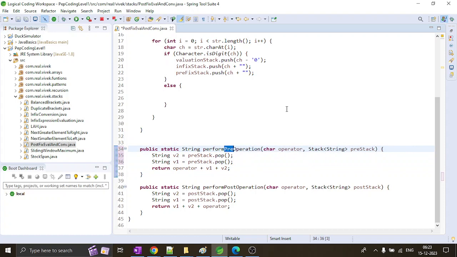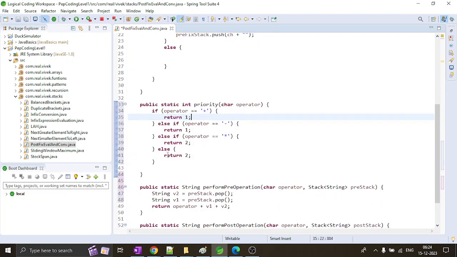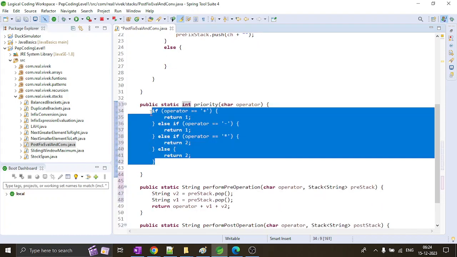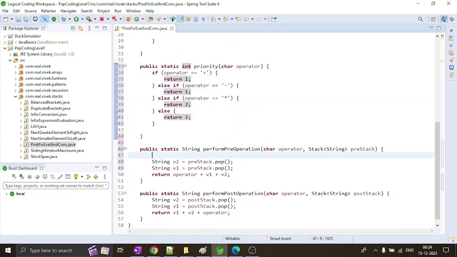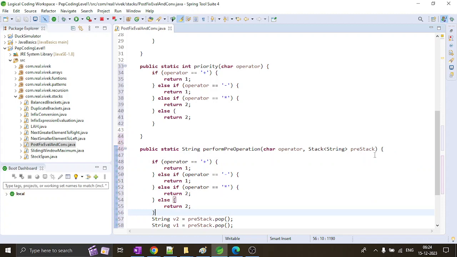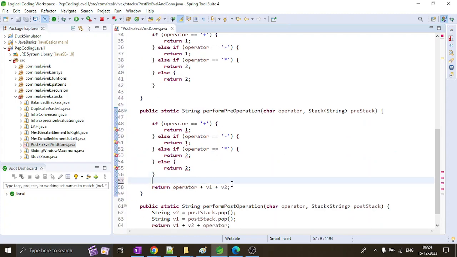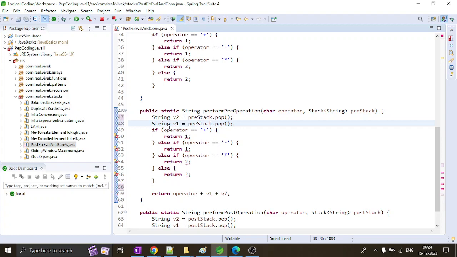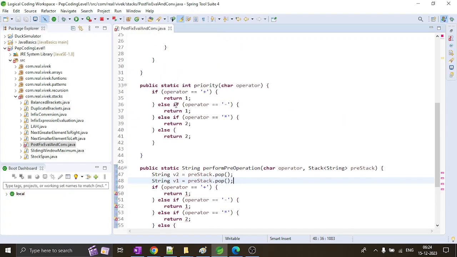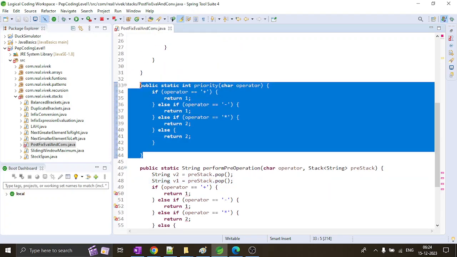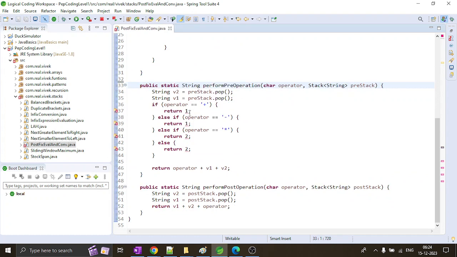So we'll copy this code. We'll first pop this and we delete this.